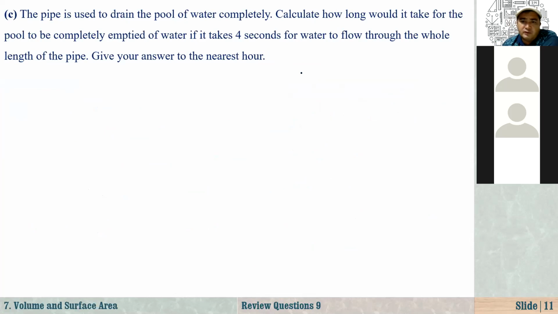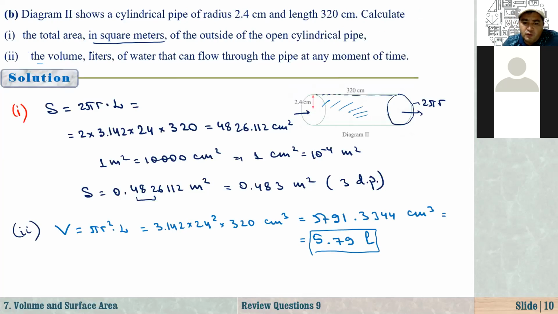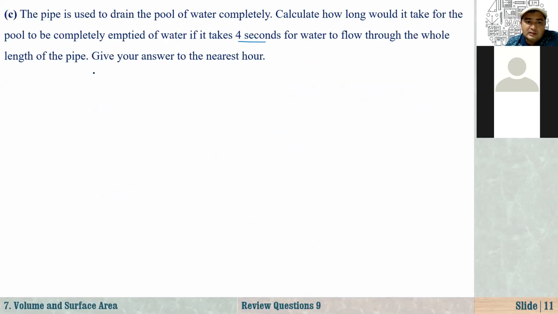Now, in the third part of the question, it says calculate how long would it take for the pool to be completely emptied of water if it takes 4 seconds for water to flow through the whole length of the pipe. What does it mean? The volume of the water is 5.79 liters, so the rate is 5.79 liters over 4 seconds.